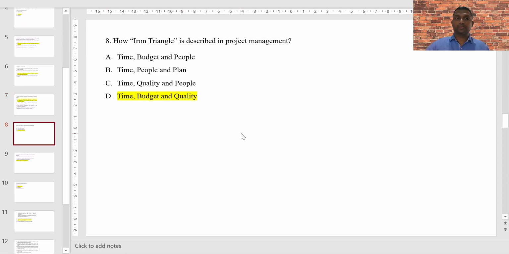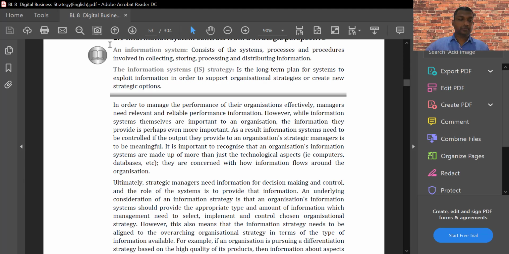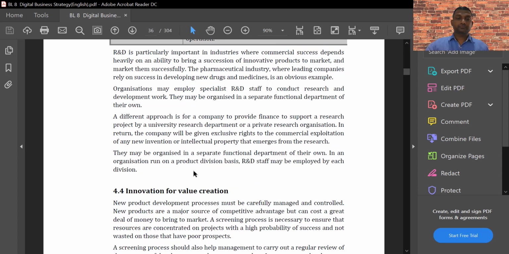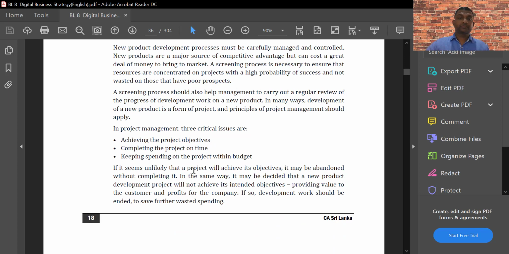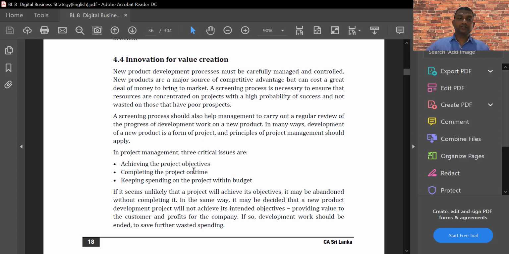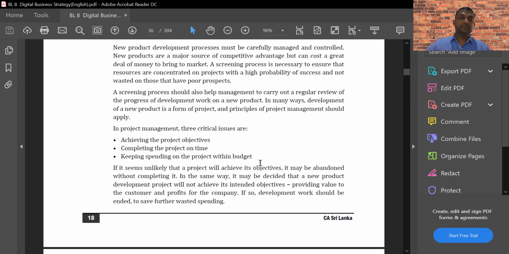Question number 8. How is the iron triangle described in project management? So here it says project management should be applied when developing new products and so on, and these three key elements are mentioned.